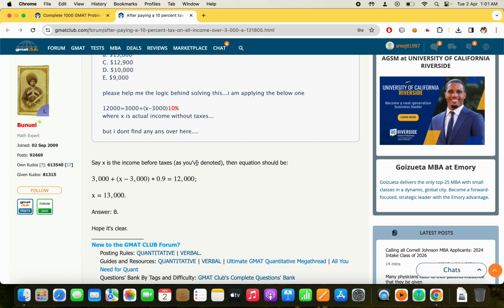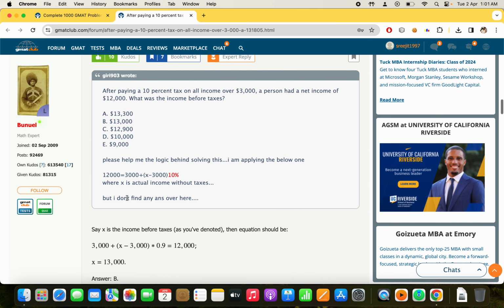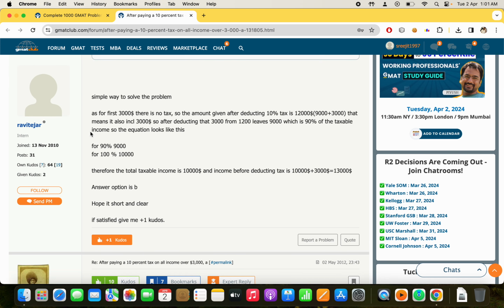So 3,000 amount has no tax. X minus 3,000 will be 10% of the income, which is actually 12,000. X turns out to be 13,000 here because for the first 3,000 there is no tax, so the amount given will be after deducting 10% of the tax.